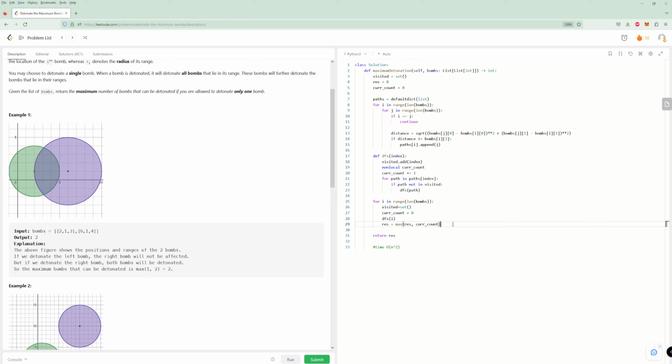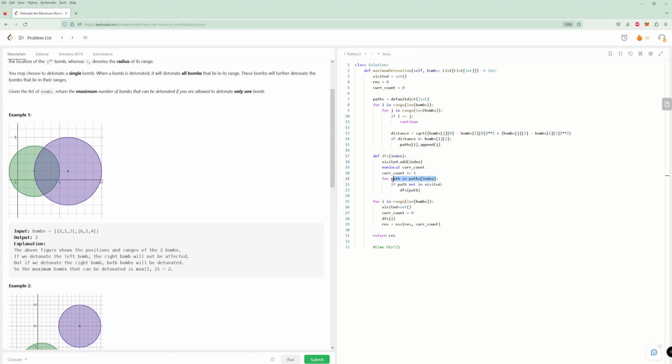But I think actually another problem is that for every single node, we can visit every node, and we also have to check the path. If every node was connected to every other node, we would start at the first node, DFS to every node, and at every node we also have to check this path, and this path would be every node.